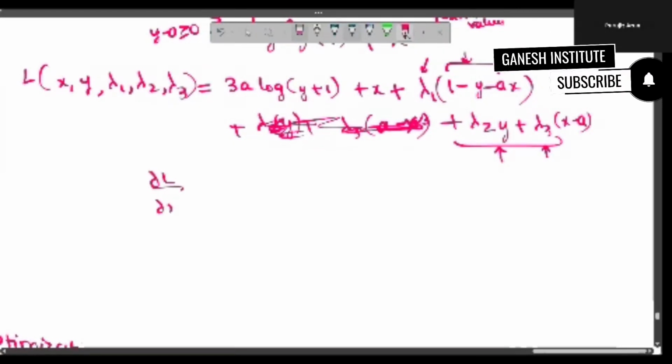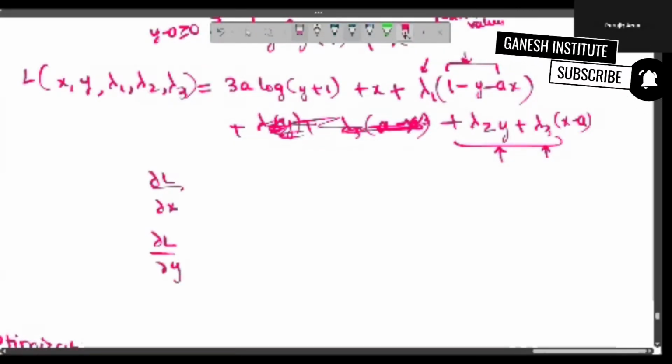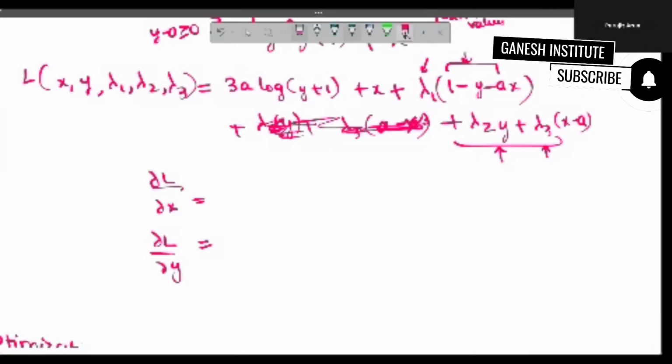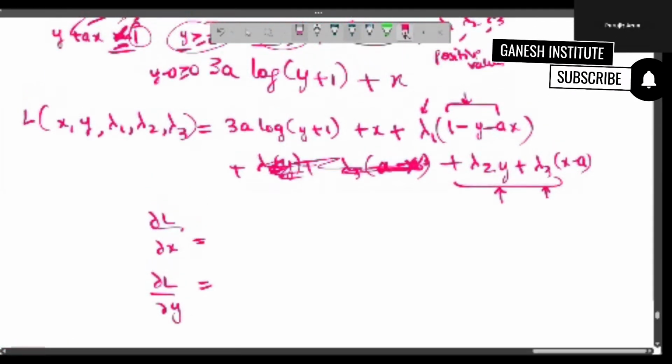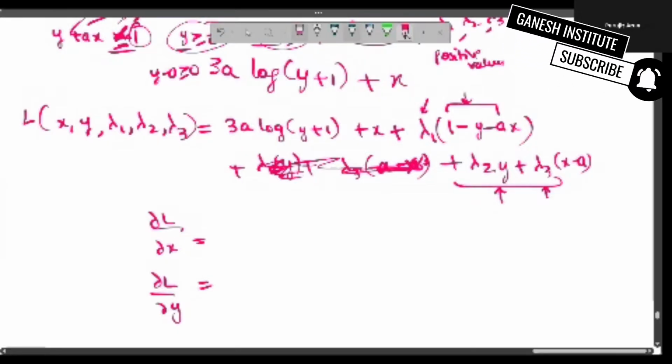The first derivative, Lx. Tell me, what is the partial derivative with respect to x?